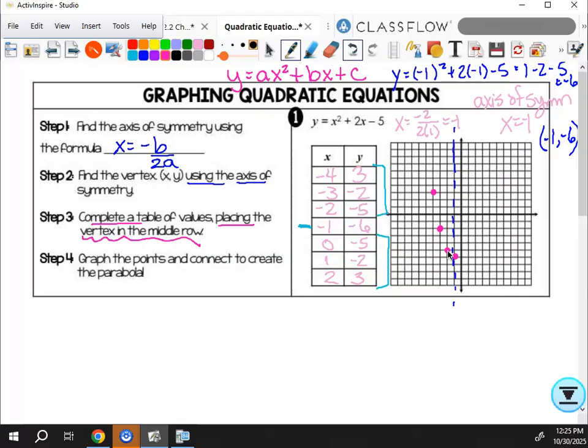You don't necessarily have to actually find the little coordinates of the other ones, like as ordered pairs. These points just reflect across that axis of symmetry, and you can find them that way. And it should look symmetric. And then you just do your best to sketch in a curve and not make it look like a V, even though it looks kind of pointy. And there's your quadratic.